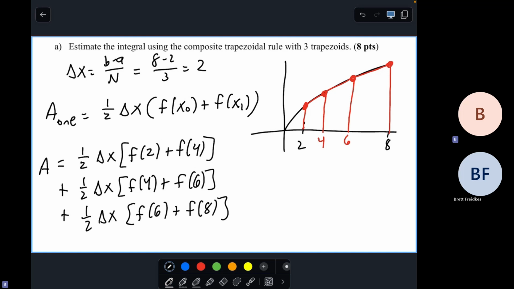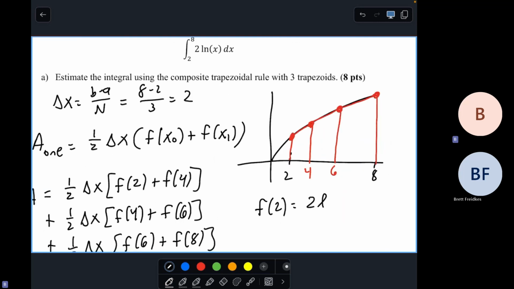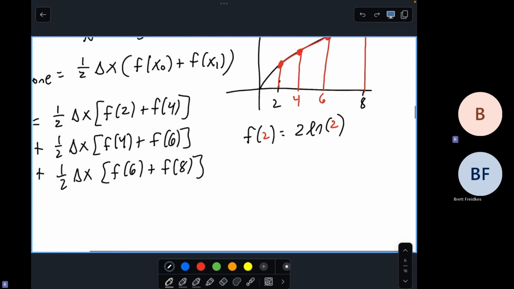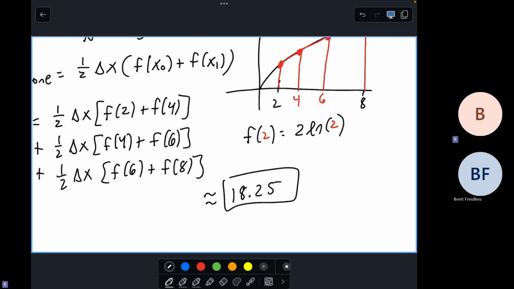Your f function, if I do f of 2, for example, is 2 times the natural log of 2, because that's the function that I'm integrating. If you go through the algebra, you get roughly 18.25. That ends up being the approximation for your integral.